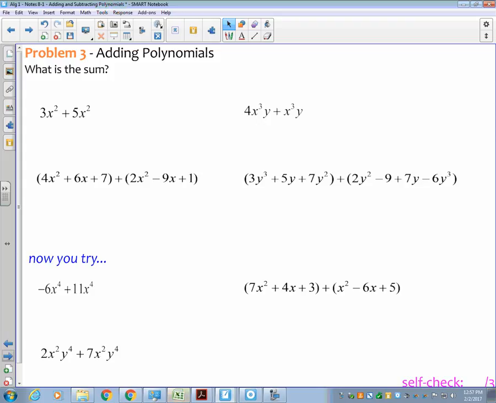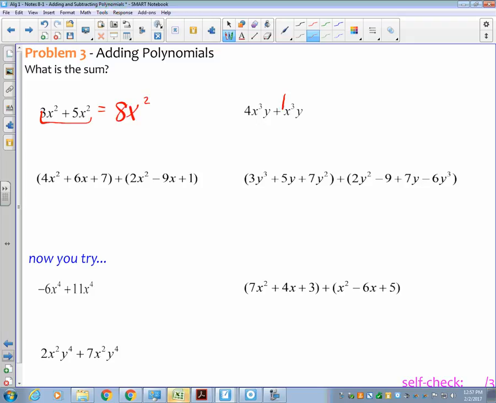Okay, so we're going to combine together. You have to make sure you have exactly the same variables. So I exactly have to have an x squared to combine with other x squareds. So I'm going to combine these together because the x squared is the same. And this gives me 8x squared. I look over here.